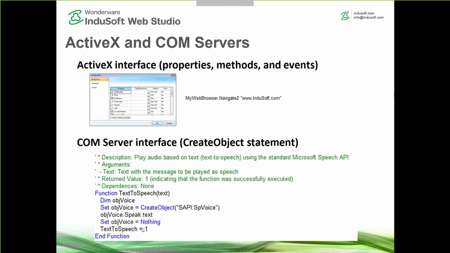So it's a very simple function that allows you to pass a text and make the computer speak that text. Again, that's what I mean when I say that VBScript gives you a lot of flexibility. You can use the InduSoft functions and tags, but you can also use many external controls and objects available through a COM interface.